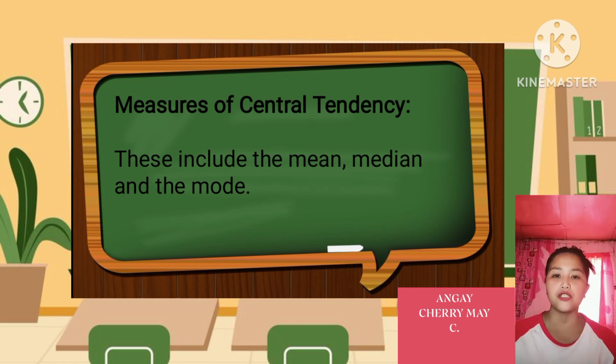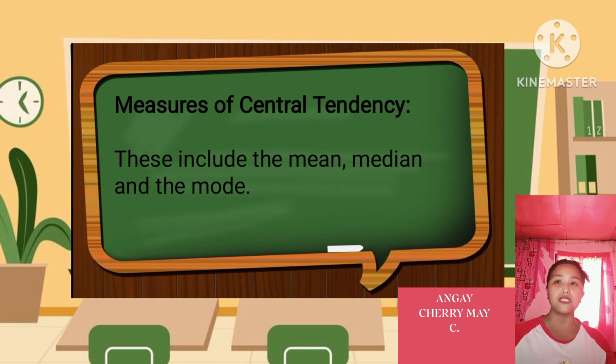So let's talk about the measures of central tendency or averages. These include the mean, mode, and the median. The mean is a measure obtained by adding all the values in a population or sample and dividing by the number of values that are added, according to Daniel in 1991.